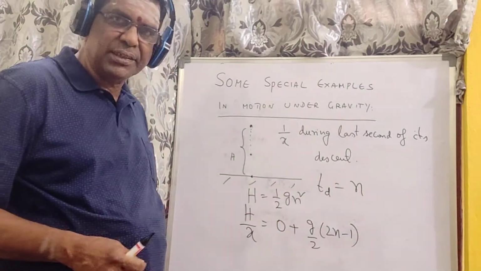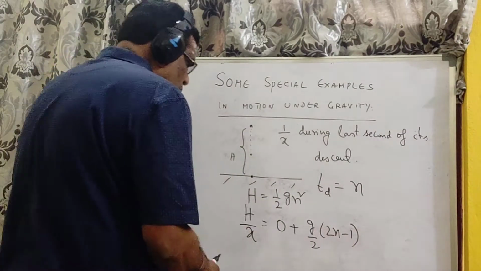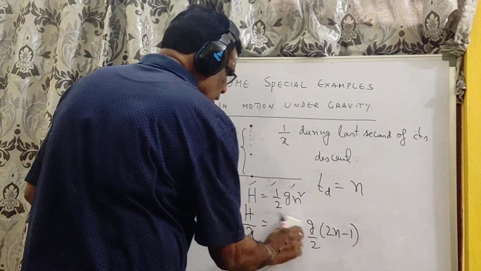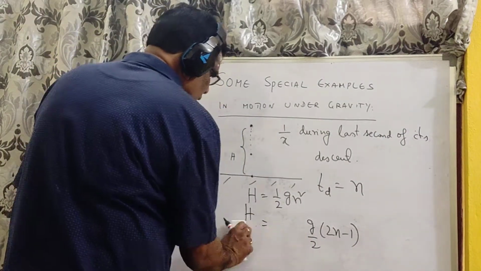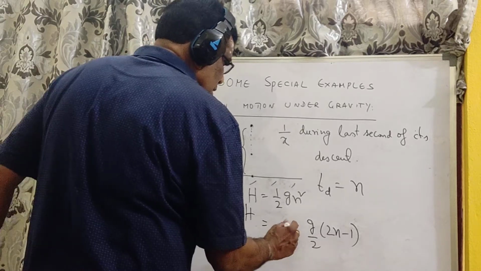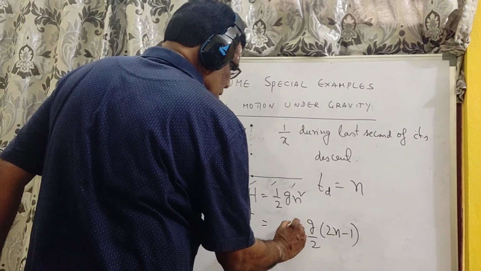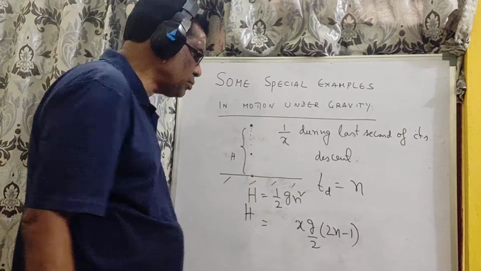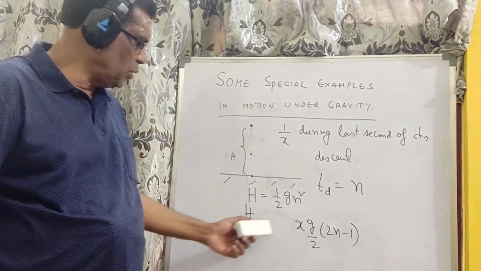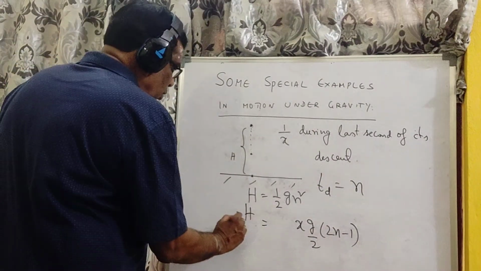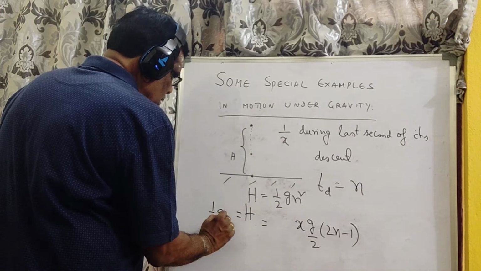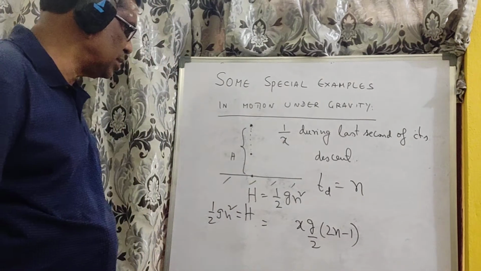What is known is x. Now, if you rewrite this, and equate h as half g n square.